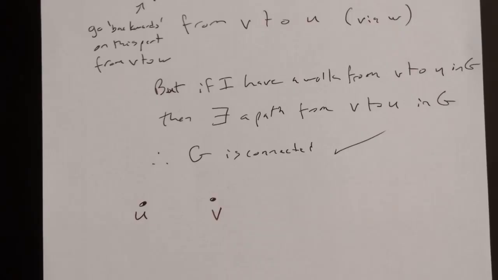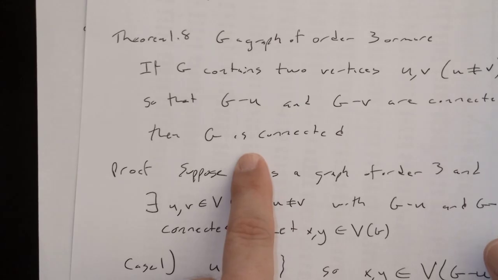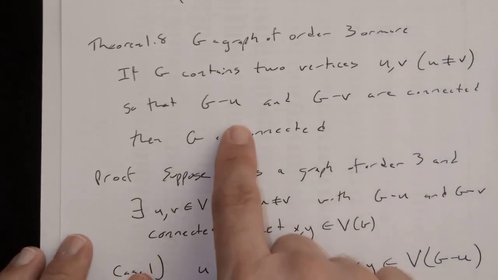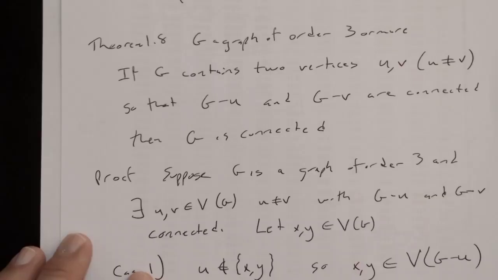Remove 2 vertices from 1 triangle, it's not connected to the other piece. Remove 1 vertex from each triangle, still 2 components. Okay, so it's saying that everything has to be connected, not just connected to a few things. The whole graph is connected. Not each component, the whole Megillah. If it's connected when I remove the 2 bits, then the whole thing will be connected.